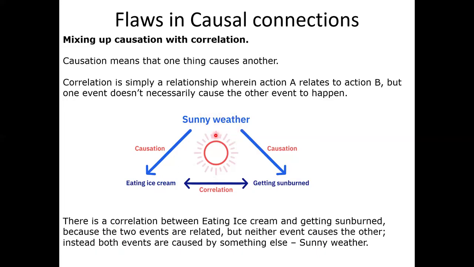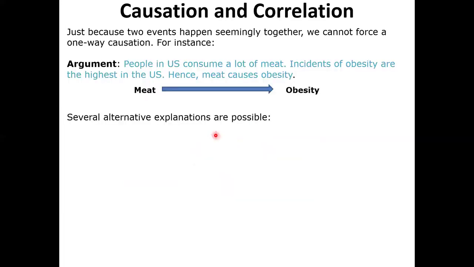All right. Let's do a lot of practice on this, starting with this question. This is the argument. People in the US consume a lot of meat. That's a fact. Incidents of obesity are highest in the US. What are the two things that go together? Obesity and meat.